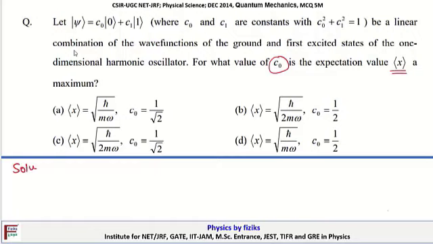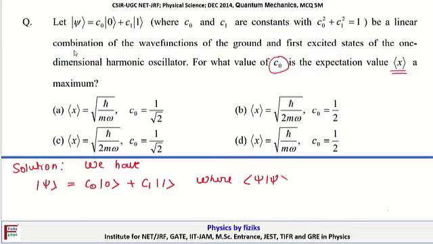Solution. We have psi equals C0 state 0 plus C1 state 1, where psi psi equals C0 square <0|0> plus C1 square <1|1> equals 1.